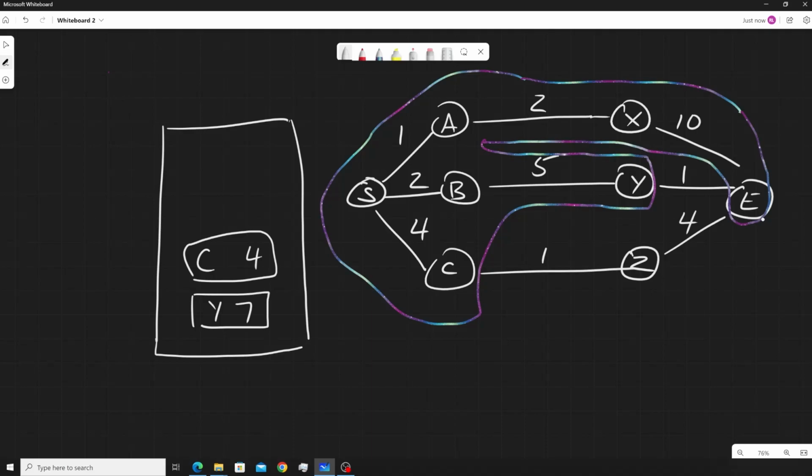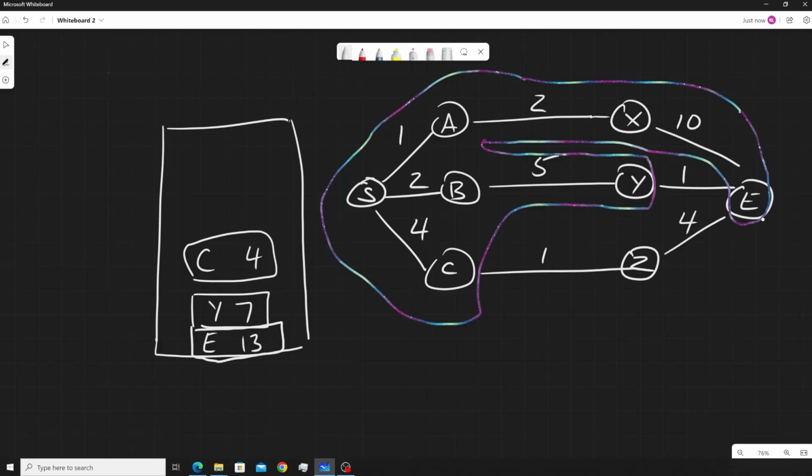If this ever bubbles up to the top, that means that this is the shortest path. But if something else reaches E before this one does, then it means that this one is not the shortest path.